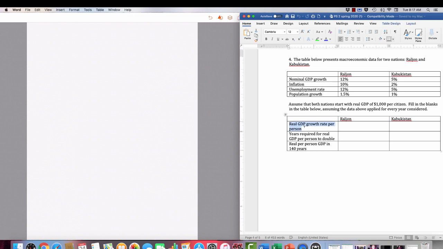Remember, our real growth per person, we just covered this topic this week. Real growth per person is equal to the nominal GDP minus inflation minus the population growth.